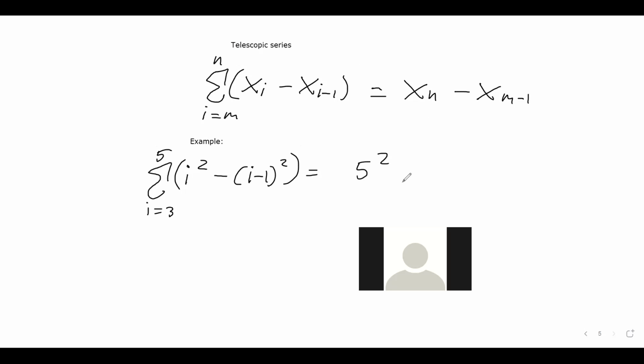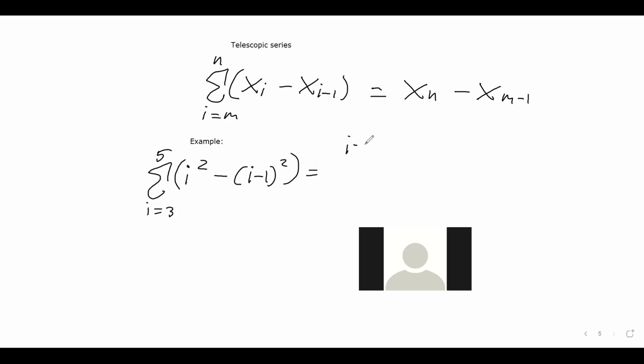So I will get 5 squared, so I fill in the n at the spot of the i, minus the m in this spot minus 1. So the m is 3, minus 1 is 2. So this is what it predicts. So the telescoping series tells me that this is my final outcome. And I'm going to show you why that is true, and I'm going to show you some examples so that you can recognize it in the future. Okay, so let me show you.